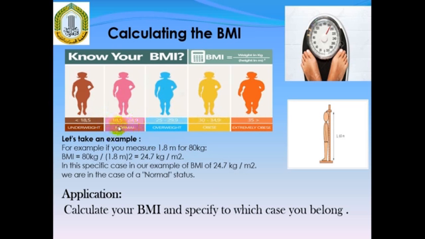This BMI is within this range, so this individual will be normal. In this specific case, in our example, the BMI is 24.7 kilograms per meter square, so we are in the case of a normal status. Now, as a direct application, you are going to calculate your own BMI and specify to which case you belong.